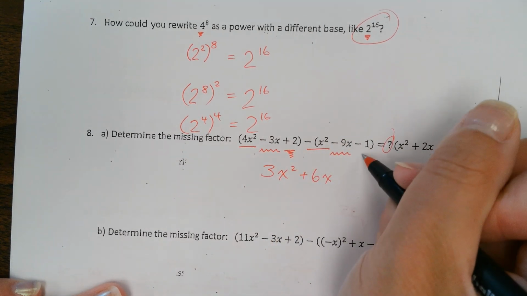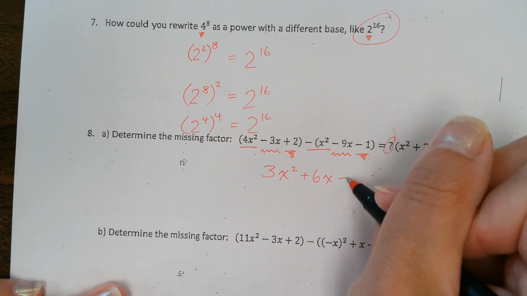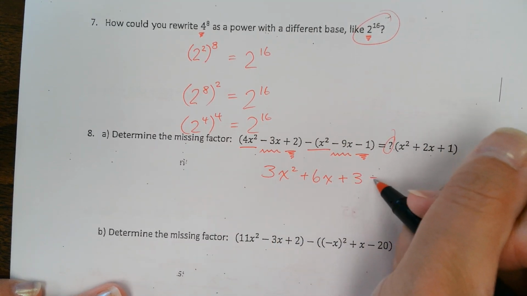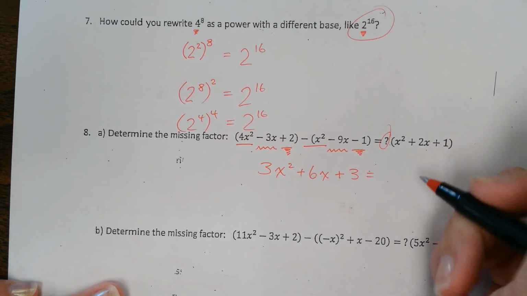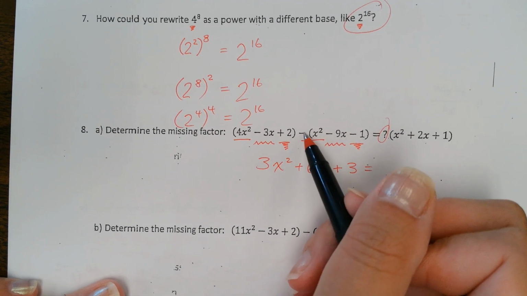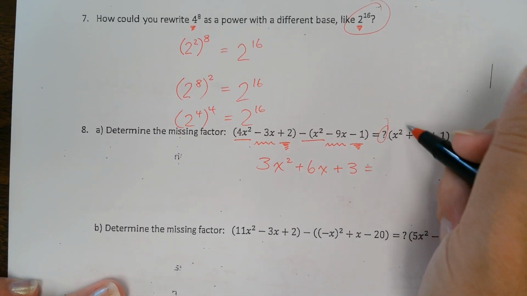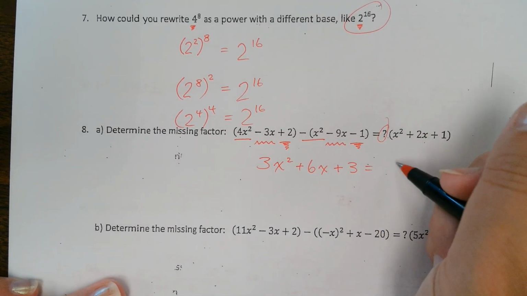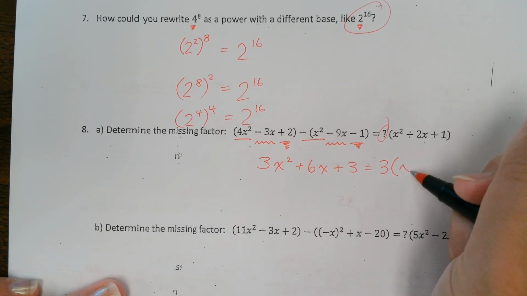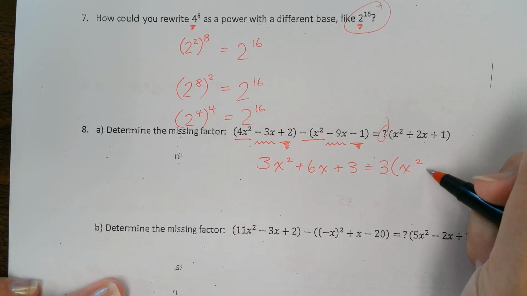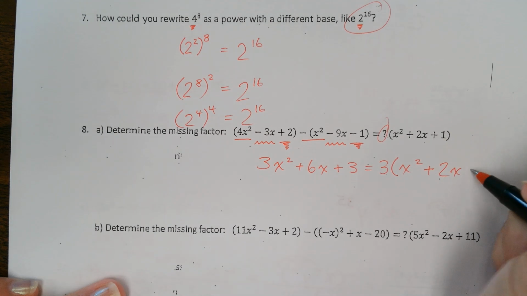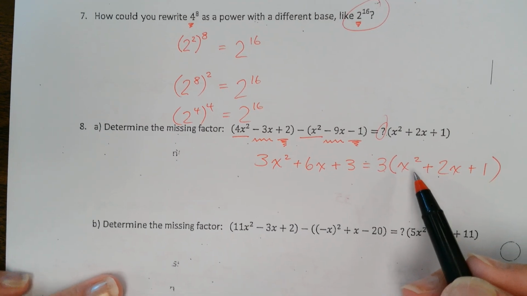And then positive 2, positive 1, you get positive 3. Once you do a couple of these, you don't even need to change the sign. You can do it in your head. So when you compare with this, you can see that it's 3. So the question mark equals 3.